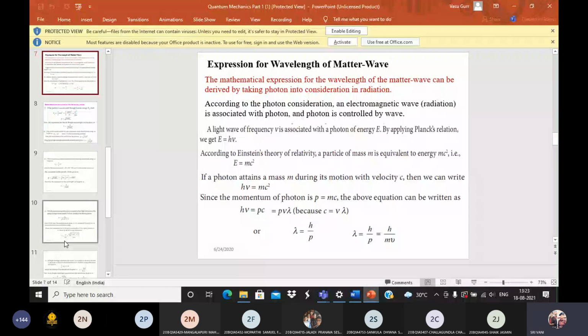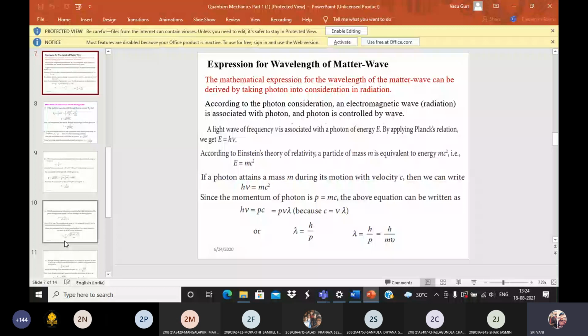So you should be able to solve this model for any velocity. Only velocity will be given in the problem; the remaining are all constant values. Then substitute. The formula suitable for this present model is lambda is equal to h by mv. If velocity is given in the problem, we use lambda is equal to h by mv.